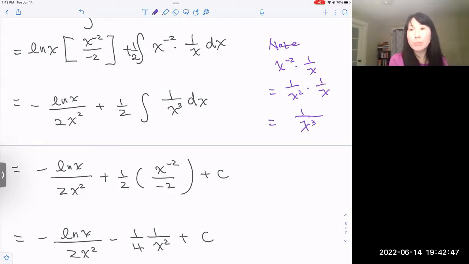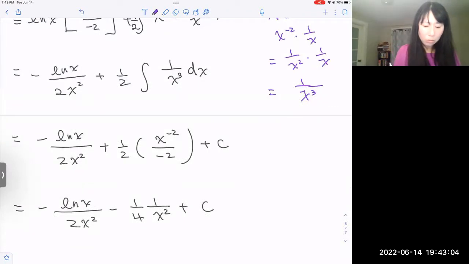Is that 1/4 and then the 1 over x squared? Are those multiplying each other? Is that on the bottom line here? These fractions that are right next to each other, the 1/4 and the 1 over x squared, are they just multiplying each other? Yes, uh-huh. Okay.